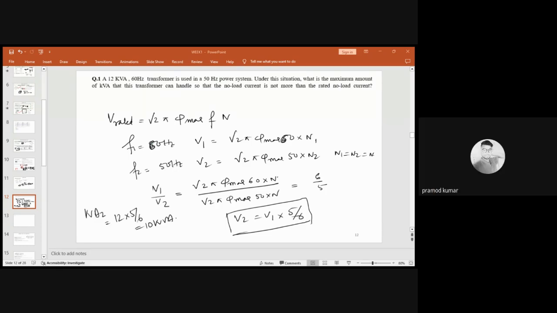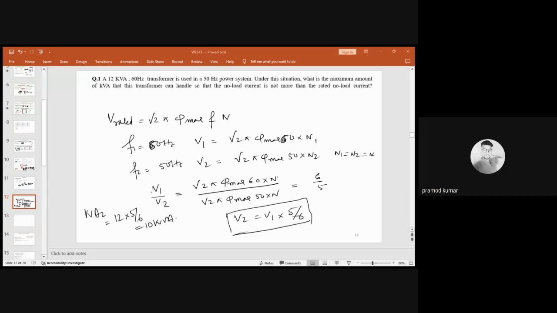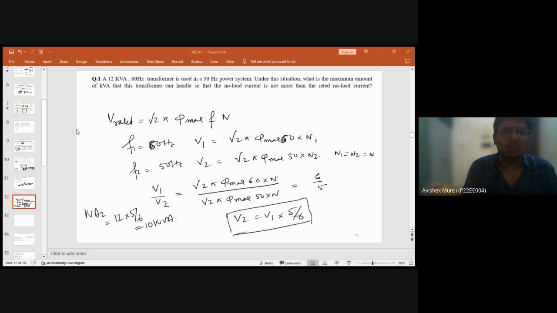Why multiply, sir, this? I didn't understand what you're saying. Why can you multiply 5 by 6 in 12? See, it is given here that the 12 kVA is for the 60 hertz. For the first transformer, the kVA is 12. So you are asked to calculate what will be the kVA of the second transformer.